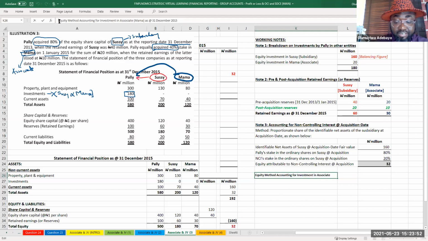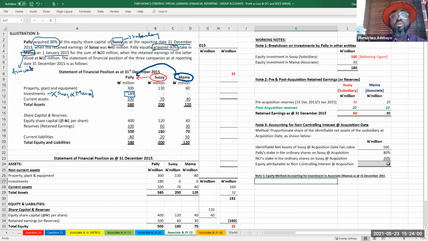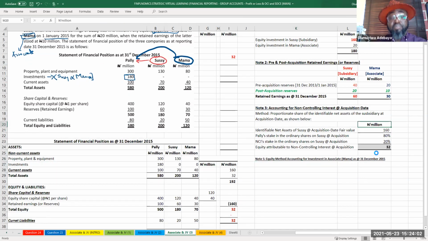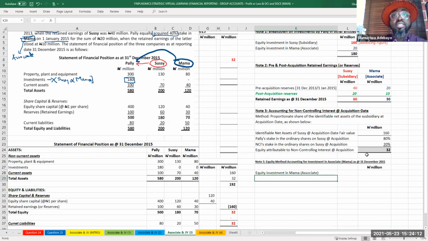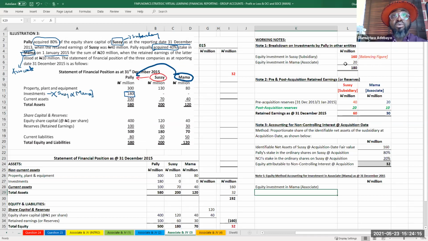That's note 5. Okay, in doing that, I need the cost of investment, which is equity investment in associates, and that was 20 million. I need that 20 million. What do you add? You add share of post acquisition profits.